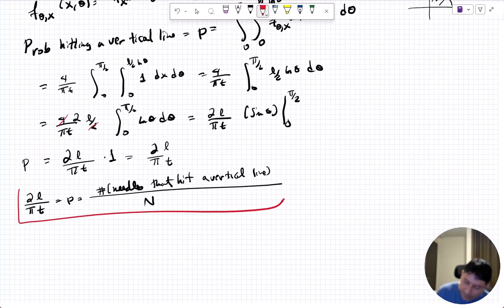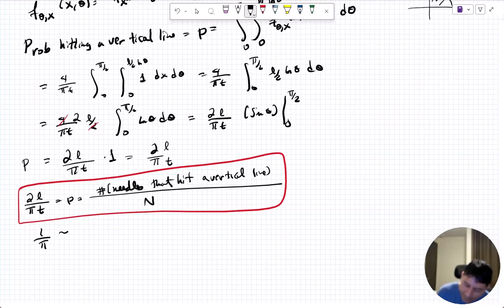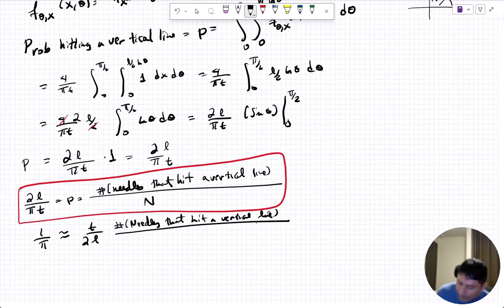The way it's written is that 1 over pi is approximately equal to t over 2L, times the number of needles that hit the vertical line, divided by capital N. So this is how we calculate pi using this experiment, which is a probabilistic method, also known as a Monte Carlo method.